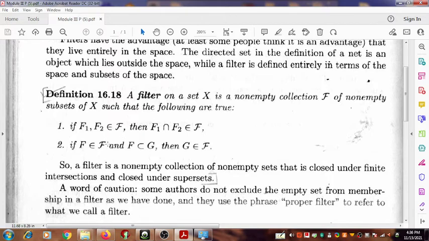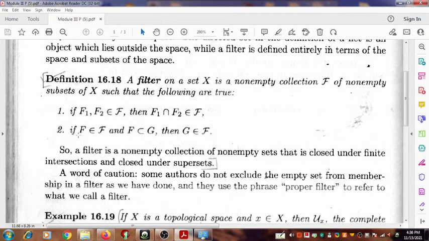The first condition is on intersection. It says that finite intersections of members of F are also in F. Let's say F1 and F2 are two members of script F, then the intersection F1 intersection F2 is also a member.